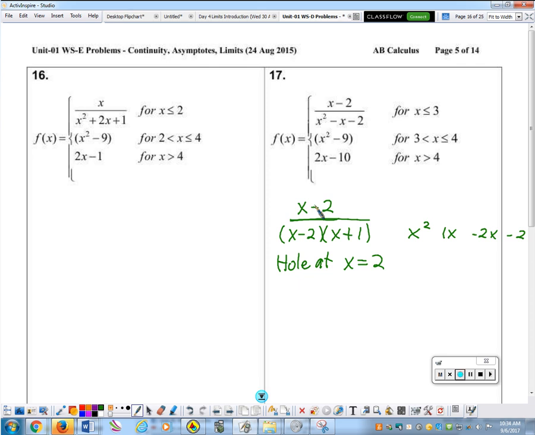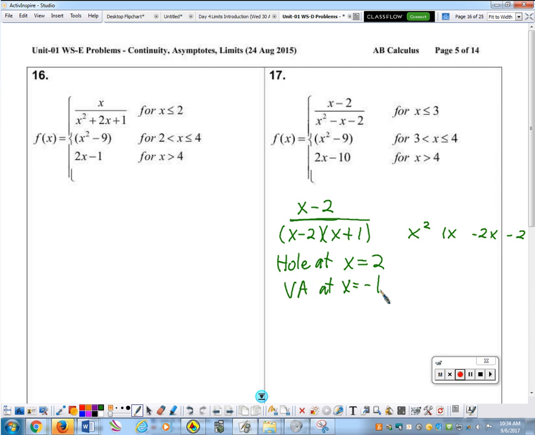Okay, vertical asymptote is easier. All you're looking for is a factor of the denominator which can cause the denominator to become 0. So you don't use this one because that caused the hole. It's this one. So there's a vertical asymptote at x equal negative 1. Questions?